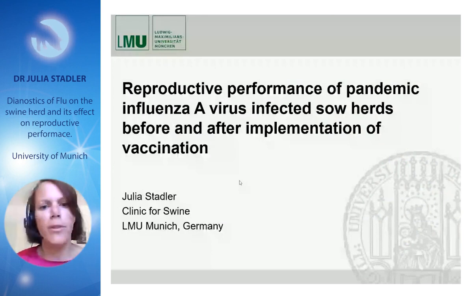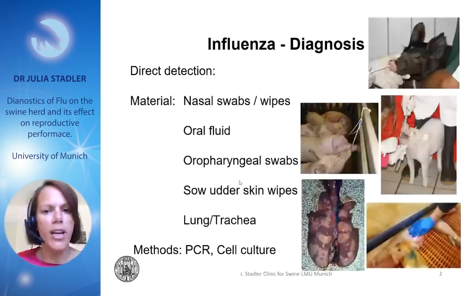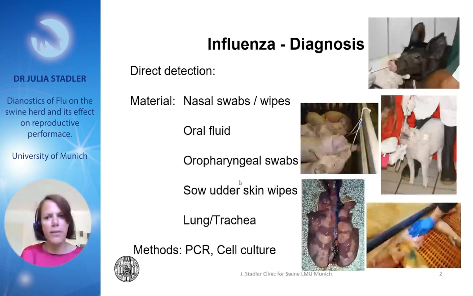So let's start with the influenza diagnosis, which can be divided in direct and indirect detection methods. The most commonly used material for direct detection are either nasal swabs from live animals or trachea and lung tissue samples from dead animals.